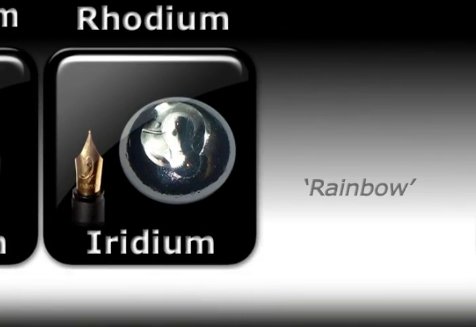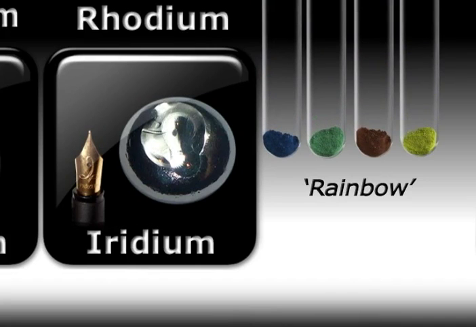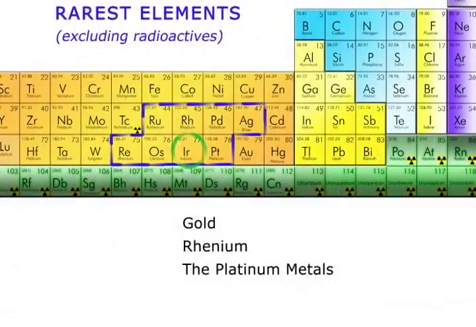Iridium. Latin for rainbow, as many iridium compounds are colorful. It's the same root from where we get the word iris. Aside from radioactive elements, iridium is the rarest of all metals in the world, with rhodium above it coming in a close second.